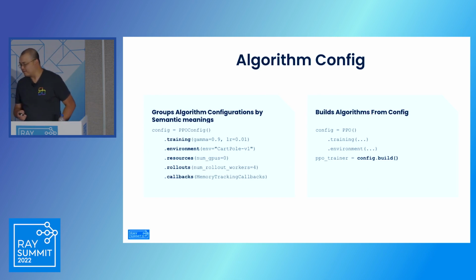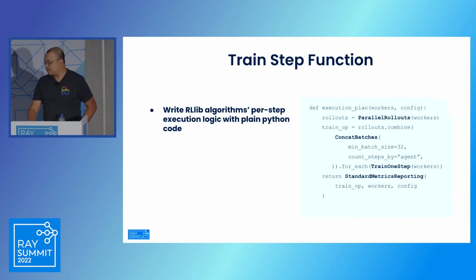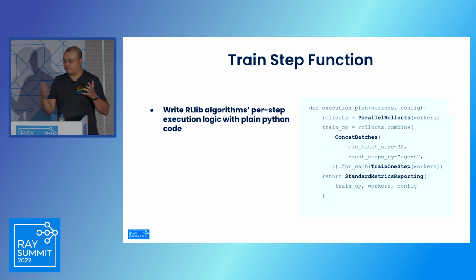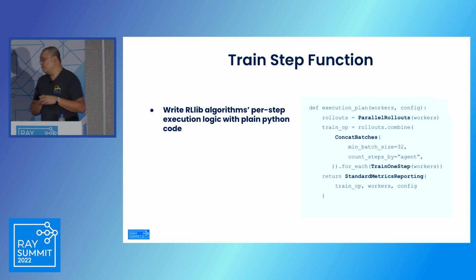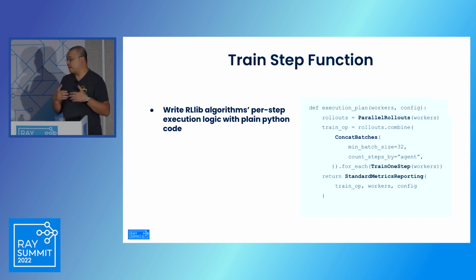I like this feature a lot personally because it introduced a lot of order into this total chaos of configurations. Okay, so this is one thing, and the second thing is probably the project that we as a team spent most of our time on in the last 2 quarters. The configuration object is mostly for the off-the-shelf use case, right? But now, if you want to customize and extend the library of algorithms in RLlib, historically what you would have to do is write an algorithm with an execution plan.